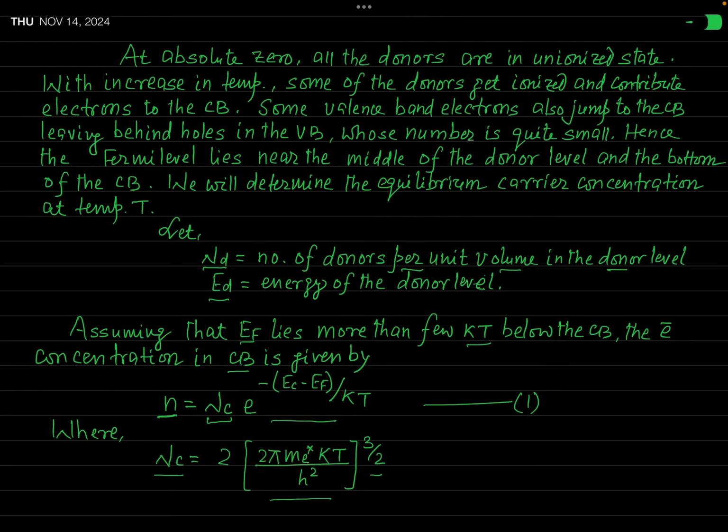You can remember it. This result we have already discussed in detail in our previous lecture. So with the help of our knowledge of intrinsic semiconductors, I have written here the concentration of electrons in the conduction band on the basis of the idea we learned for intrinsic semiconductors.